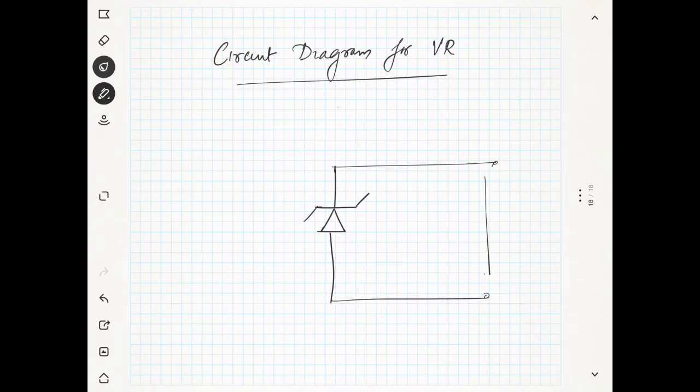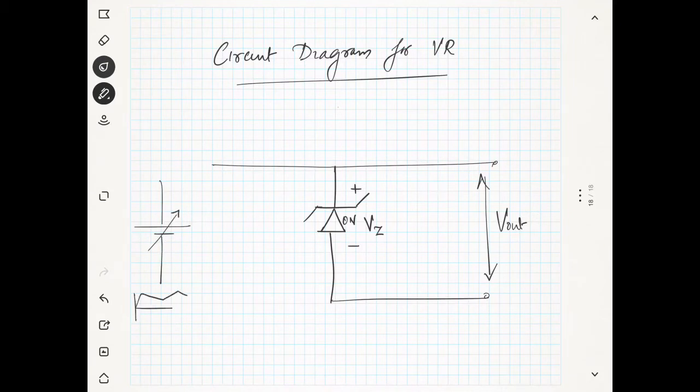This is your V out, because you want the voltage V out. Whenever the Zener diode becomes on, you will get a voltage of plus minus Vz, and we have to give a supply here. You will be giving a supply that may be changing, as I mentioned before.